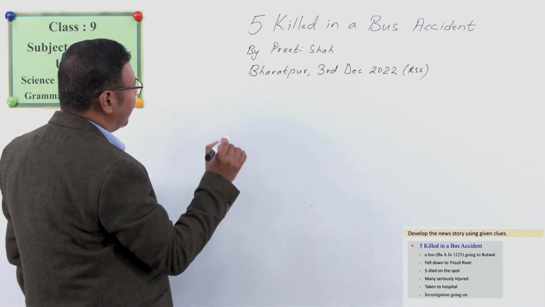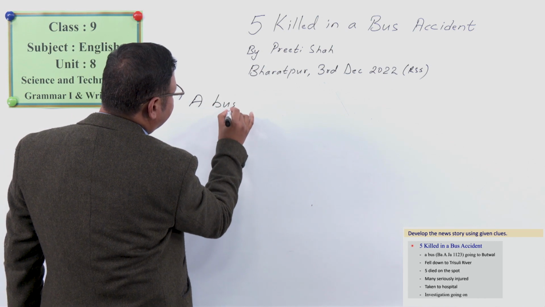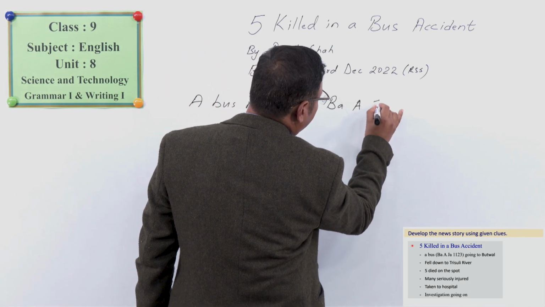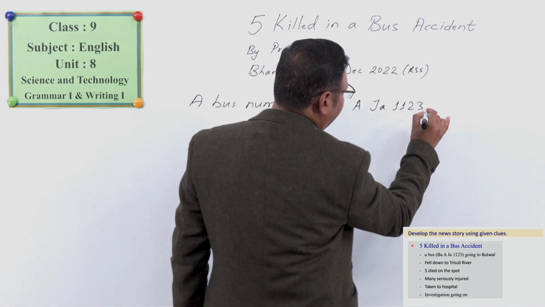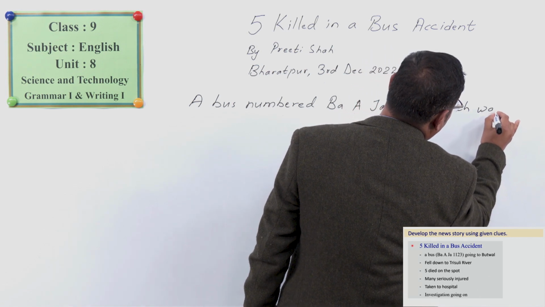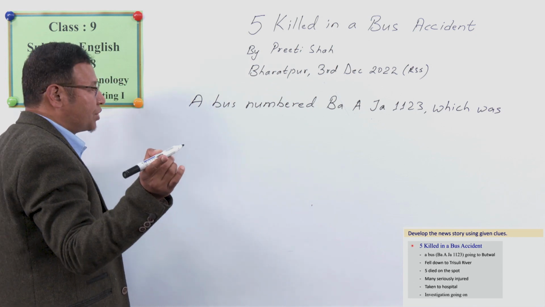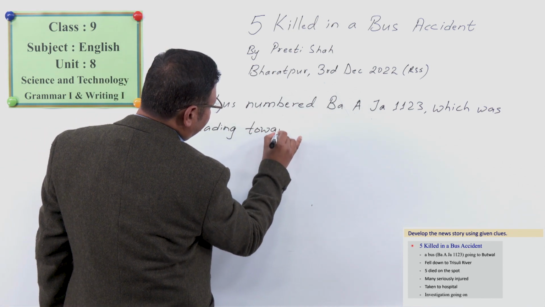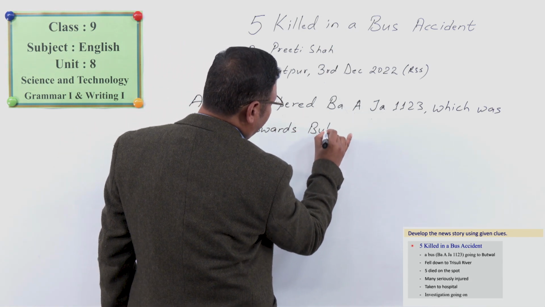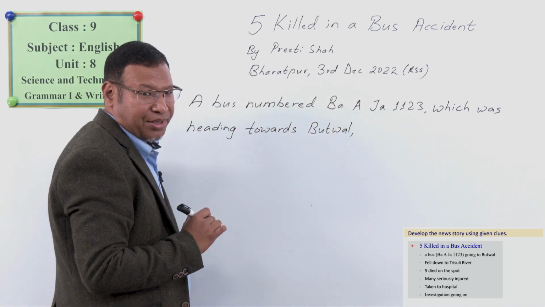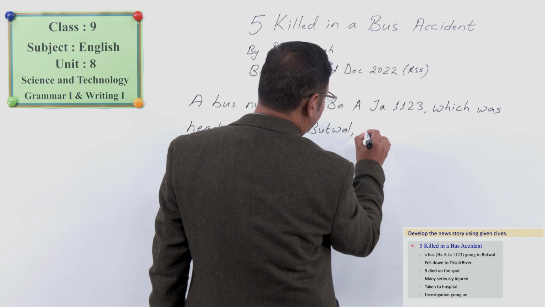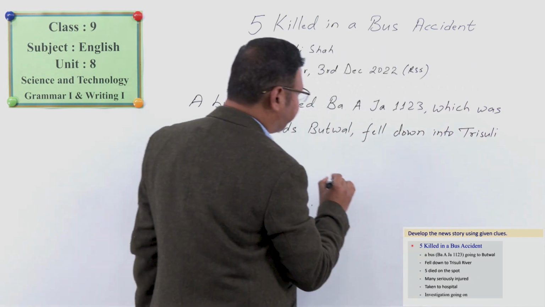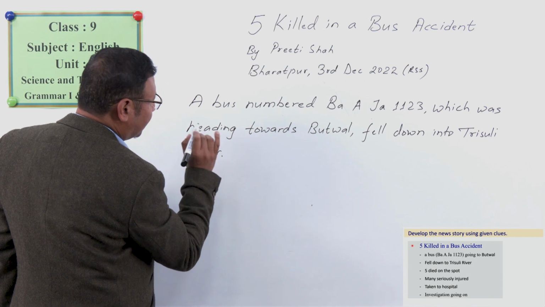So how we can start is: a bus numbered Ba A Ja 1123, which was heading towards Butwal, fell down into Trishuli River. Okay. This is what happened. We can also use the word heading instead of going.